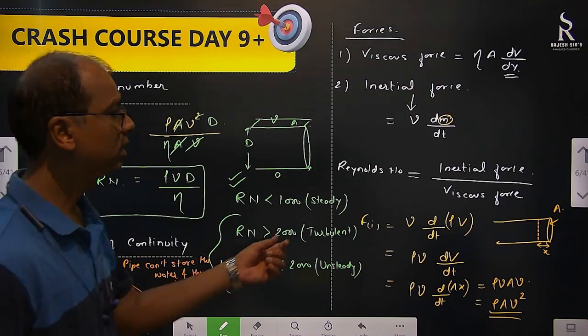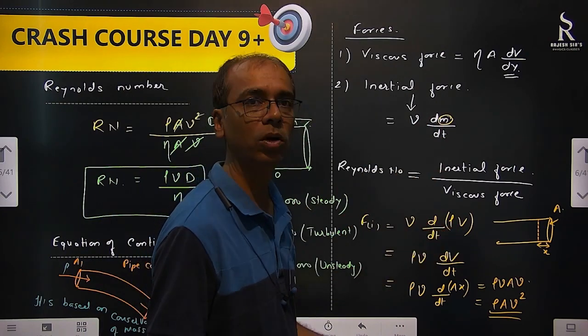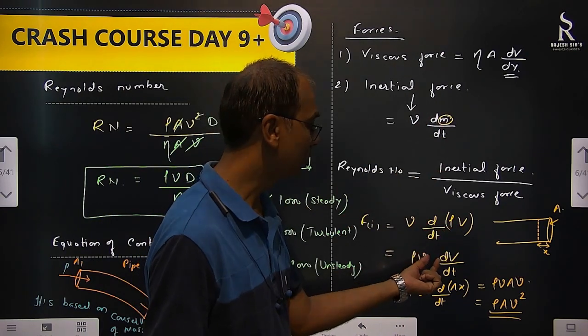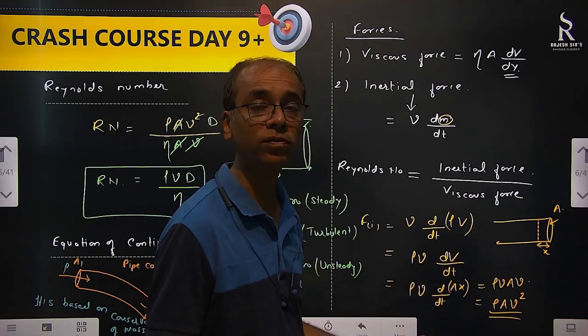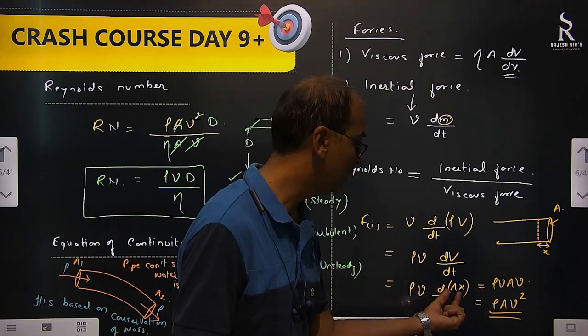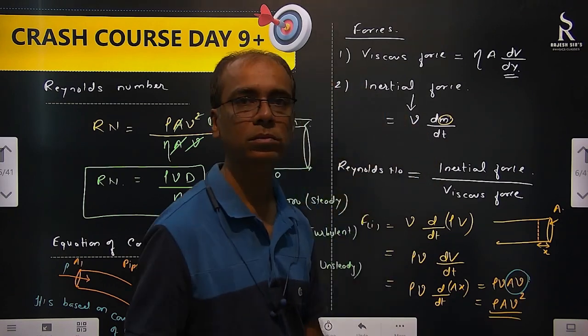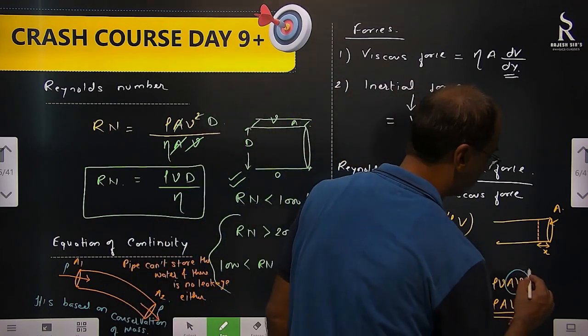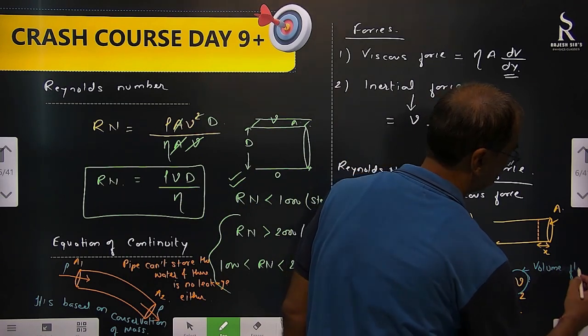Because dm by dt is d by dt of density into volume, and density is constant, so it becomes dV by dt. What is that? Volume flow rate. And volume flow rate is area into velocity, A into dx by dt.